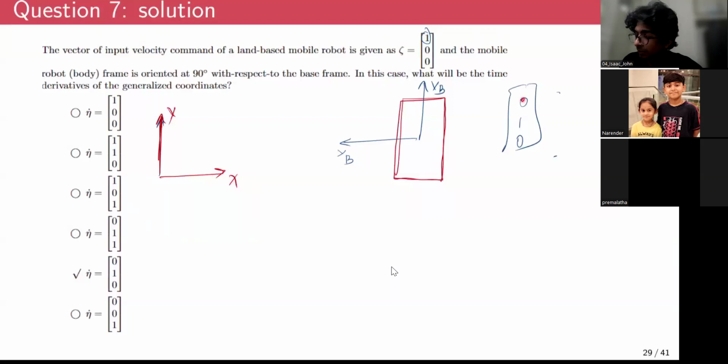So if you give an input 010 in the body frame, the velocity in the fixed frame would be -100, because YB is aligned to the negative X axis. I hope I'm not confusing you.